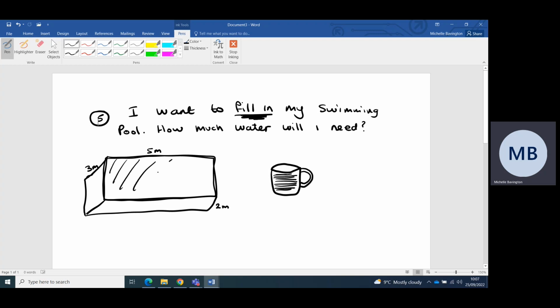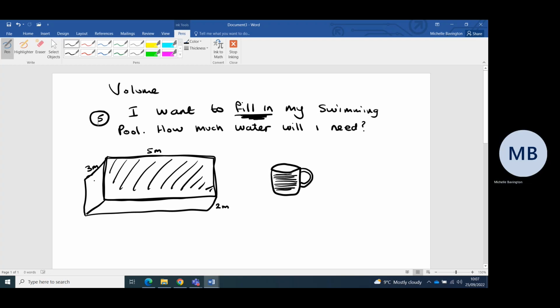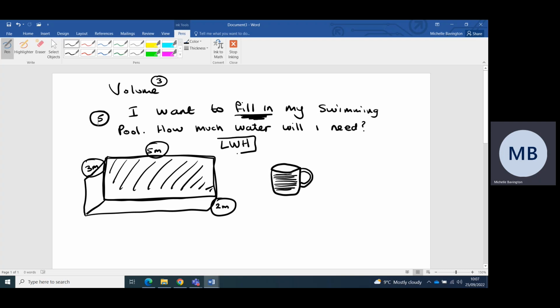Area would just be the face. But volume is filling it up. So anything you fill up is volume. And volume is always cubed because you've got 3 numbers. You have a length, a width, and a height or depth, depending how you say it. I always go length, width, height because it just makes sense to me. And you times them all together.